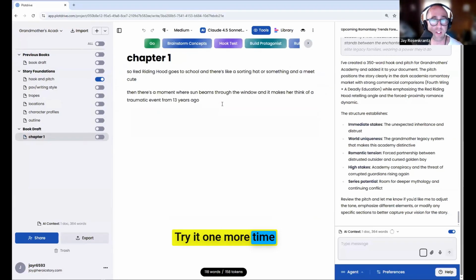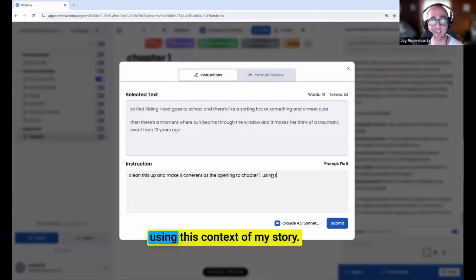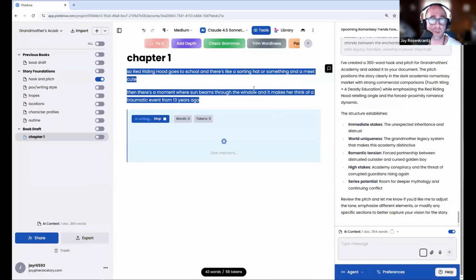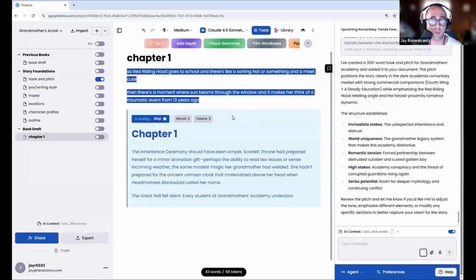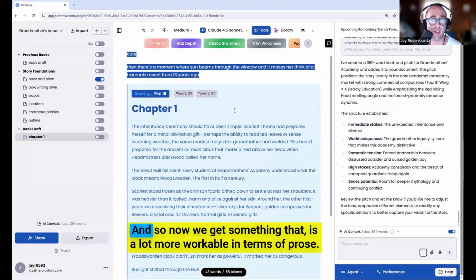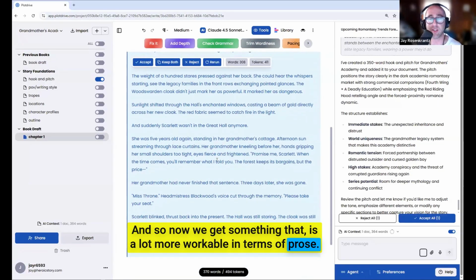Try it one more time using this context of my story. And so now we get something that is a lot more workable in terms of prose.